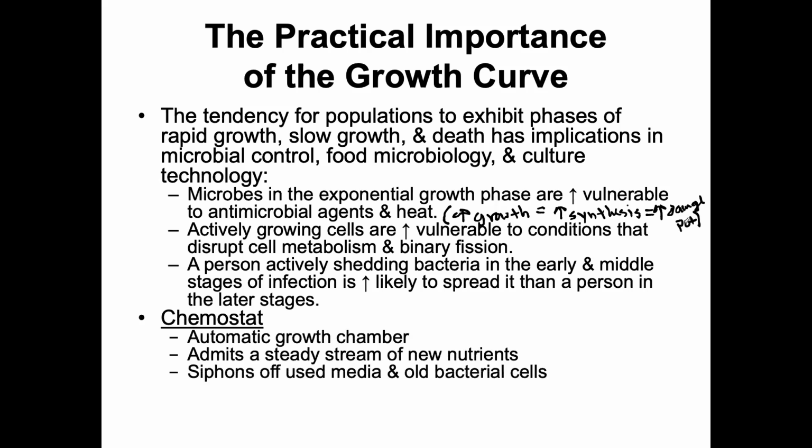Sometimes we want to keep these perfect growth conditions always. So we can use something called a chemostat that allows fresh nutrients to keep coming in and removes used media and dead cells so they don't ruin what's going on in the chamber.